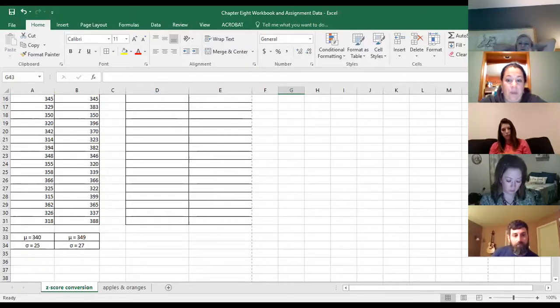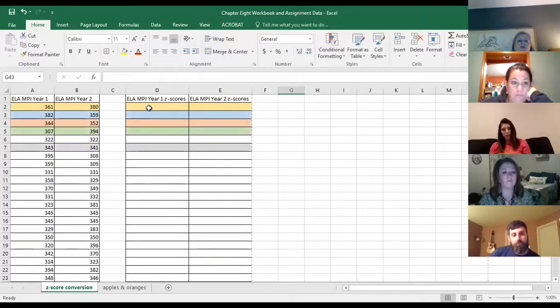In chapter 9, we're going to use the same data again, and we're going to see if there's a difference in the means of these two based on z-scores. We'll use a z-test, but before we do that, I want us to analyze just looking at those z-scores and see what we think.